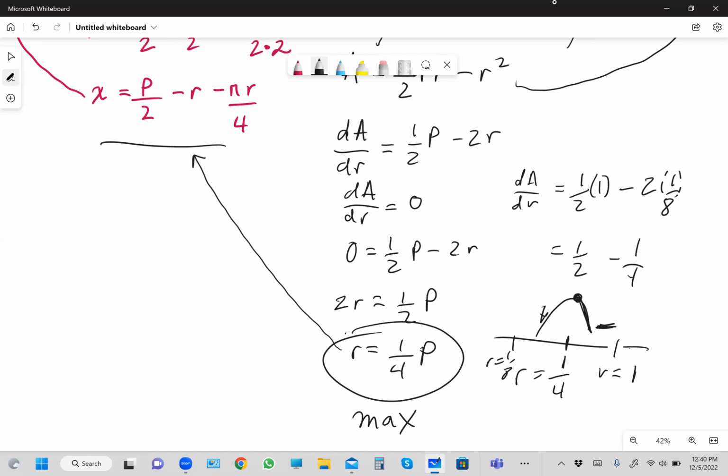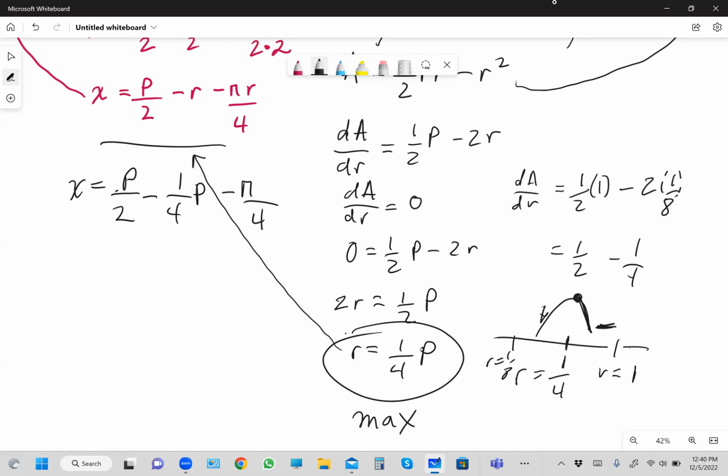So now you can go ahead and replace it over here. P divided by 2 minus 1/4 P minus pi R divided by 4. Wait, what's R?